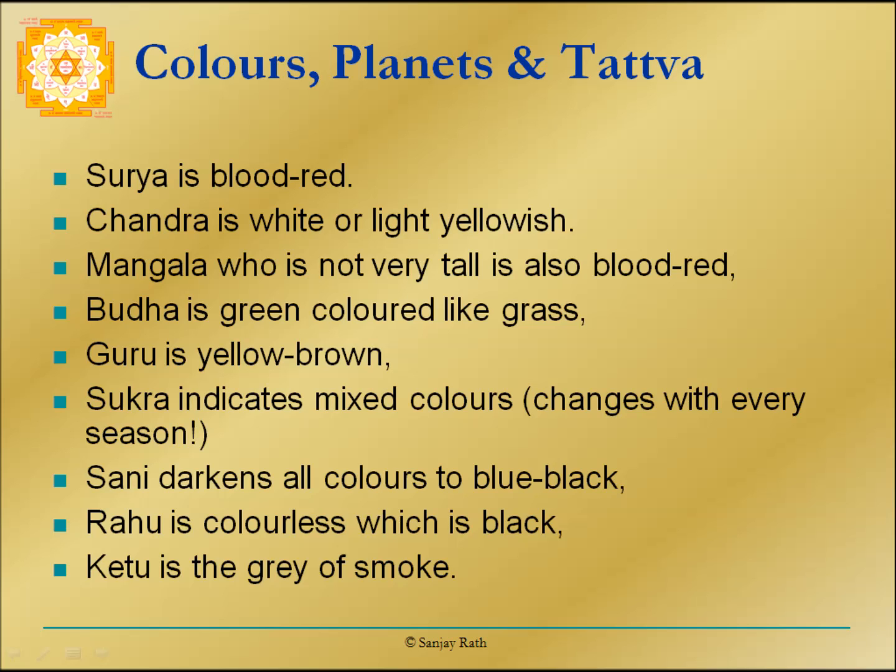Same way now, we come to the fire element. In the fire element, we have Surya and Mangal, the 2 planets which indicate the fire element. Mangal indicates that which is burning. The sun, Surya, indicates the light that emanates from it.